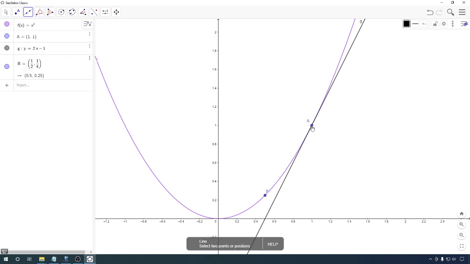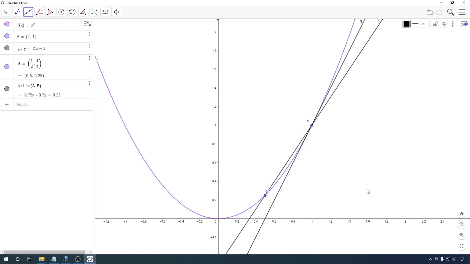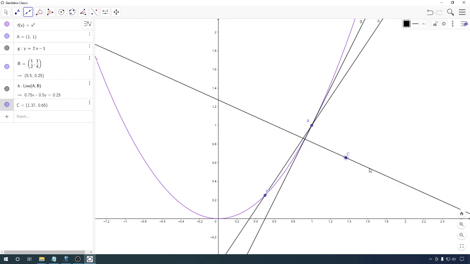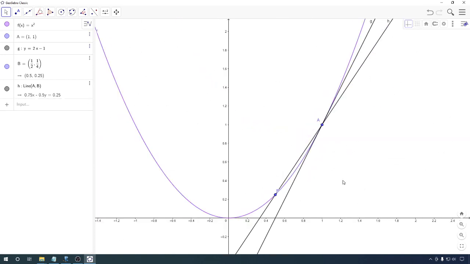I'm going to draw a line from A to B. This is not a tangent line to our curve because it does not follow the curve at either one of these points. It just connects 2 points on the curve. We call such a line a secant line.